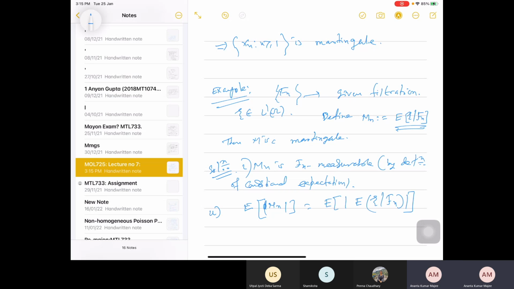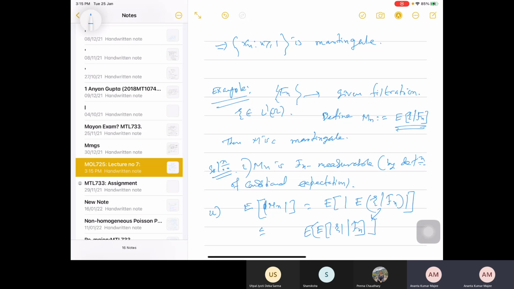Now f of x equal to mod of x is a convex function, and hence you can use Jensen's inequality for conditional expectations. So this is less than or equal to the expectation of mod of zeta given f of n, and then take the expectation. First you get the inequality and then take the expectation, because expectation maintains the inequality.